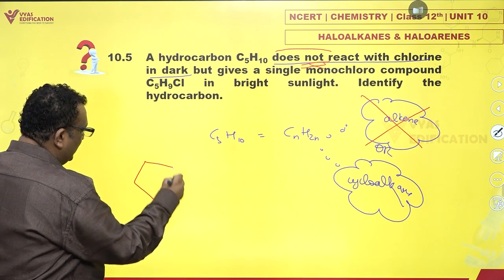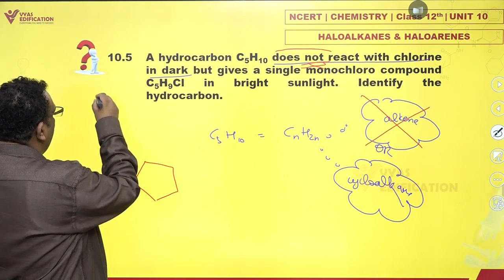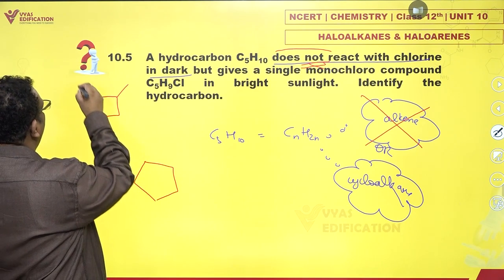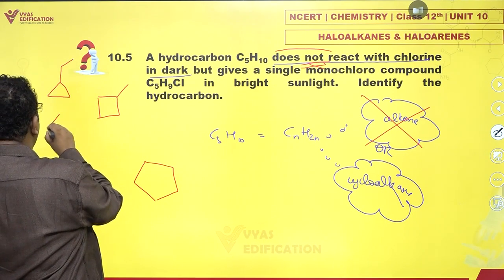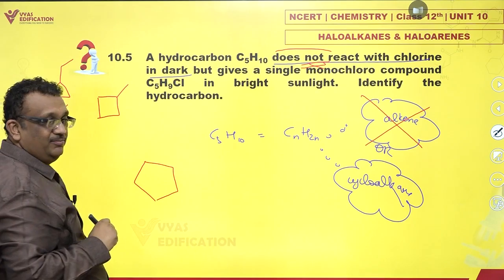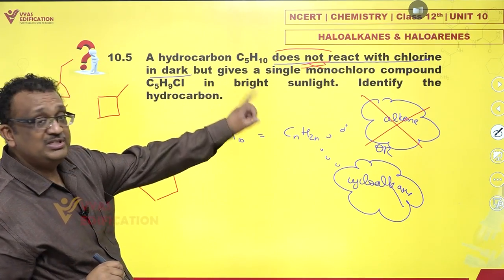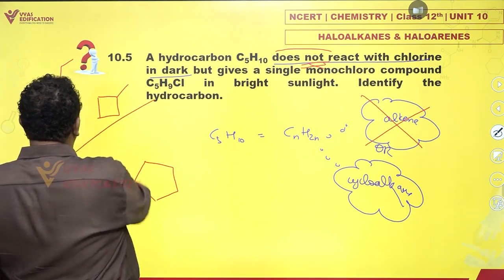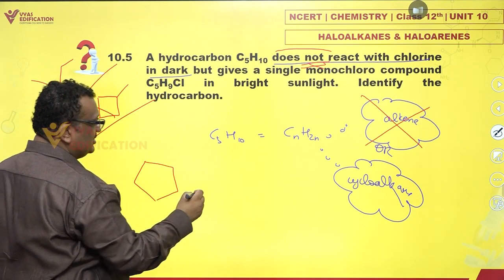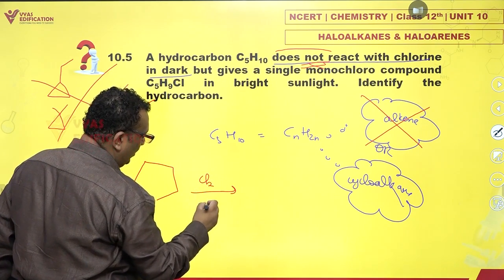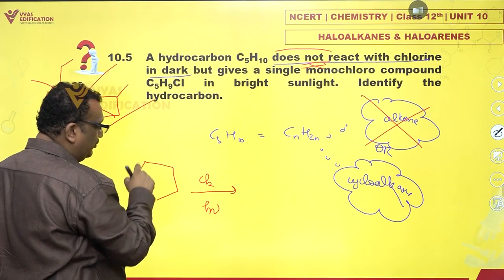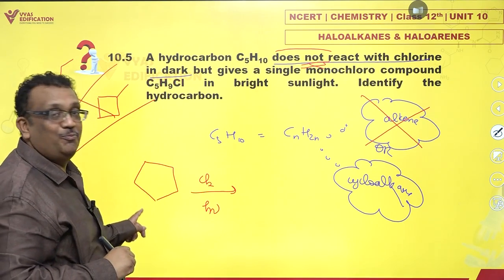Now, honestly, it could have been this. I also could have had more weird possibilities like this. I'm not denying them. But it gives only a single monochloro compound, and the moment I say single, all this is ruled out. If I have Cl2, h nu, all these positions are equivalent in cyclopentane.